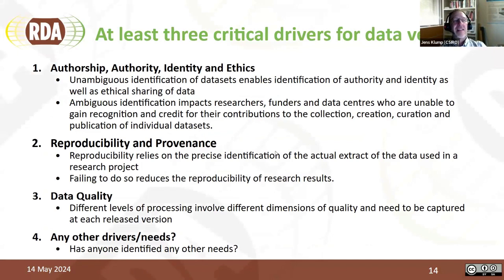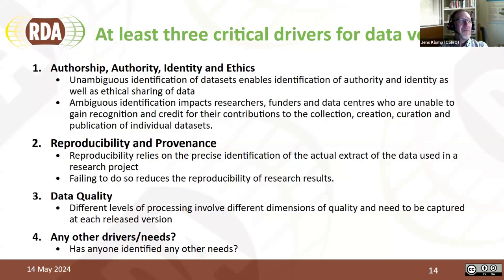So there are also other drivers that are important around versioning. One of them is that we want to be clear who we attribute a data product to. There's authorship, there's authority, identity, and that touches on ethical aspects.